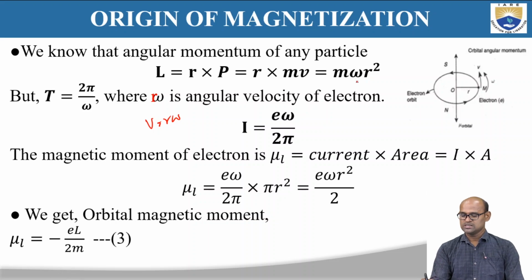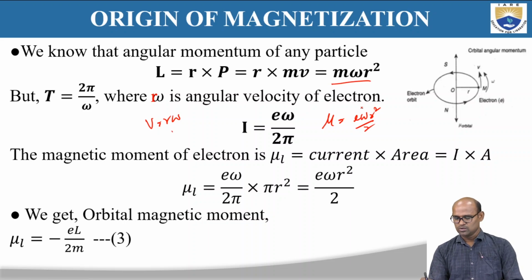So now I know what is L, so I can substitute in this equation which I have for mu, which is e omega r square by 2. L is m omega r square. So I want to write this magnetic moment in terms of angular momentum.